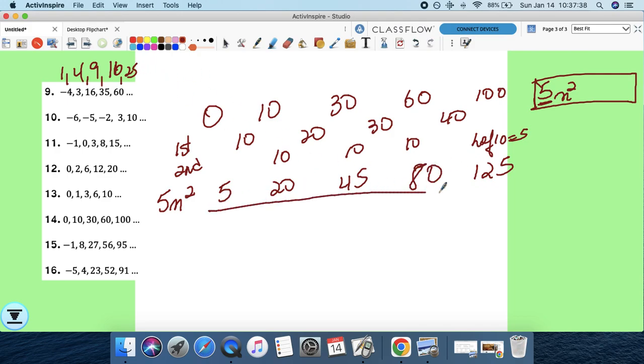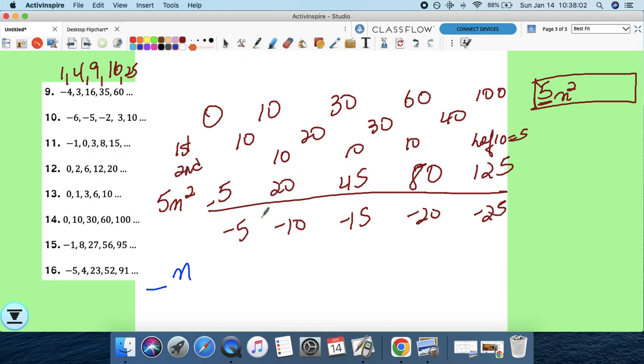So we're going to subtract now. 0 minus 5 is negative 5. 10 minus 20 is negative 10. Then negative 15, negative 20. So obviously there's a sequence there, so we have to find the coefficient for the n term. As you can tell, it's your 5 times table. It's a negative 5n sequence.